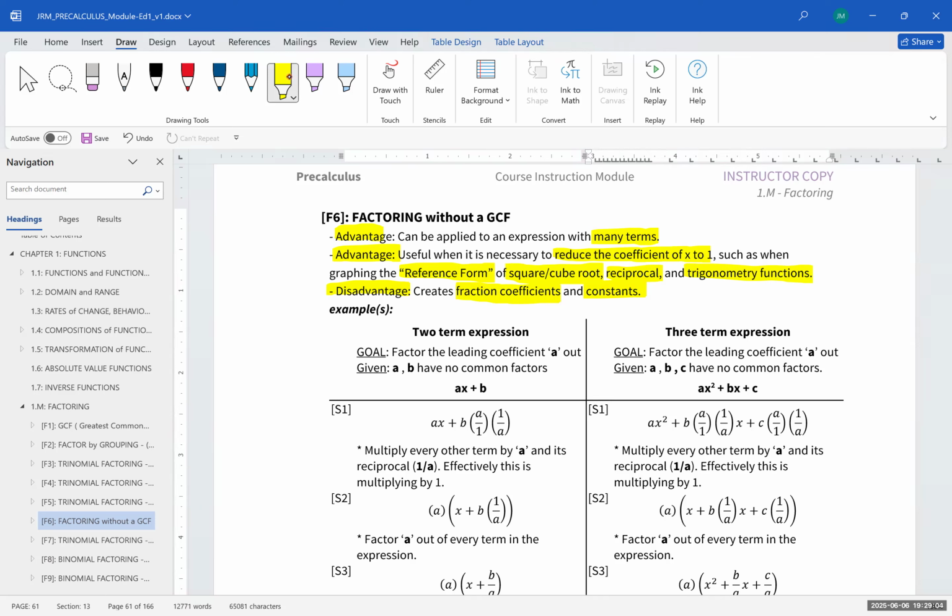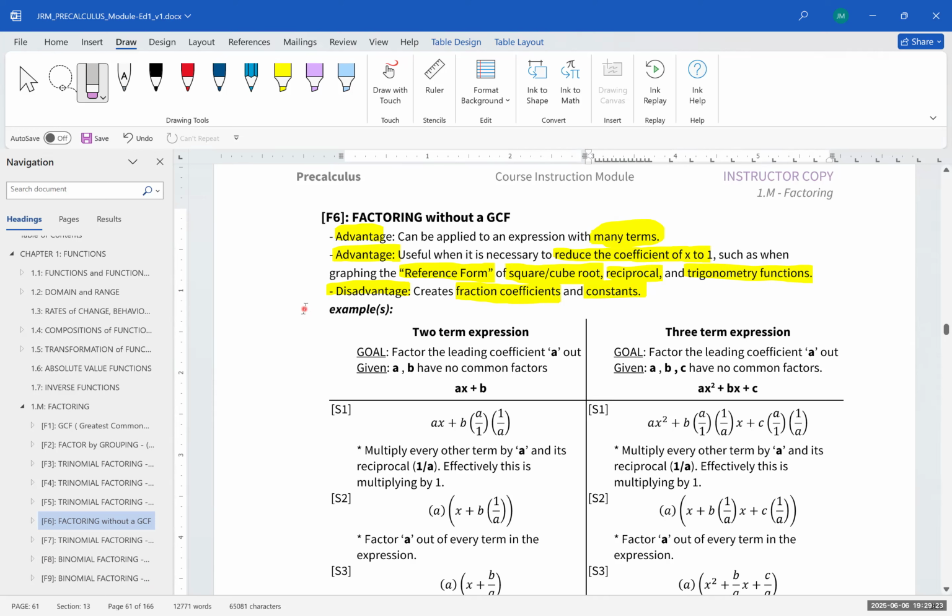So this idea can be applied to many terms. I've given side-by-side examples of how it's used with a two-termed expression versus a three-termed expression.